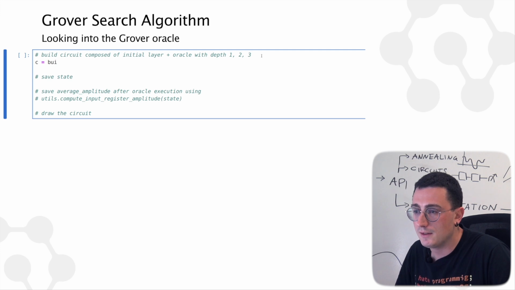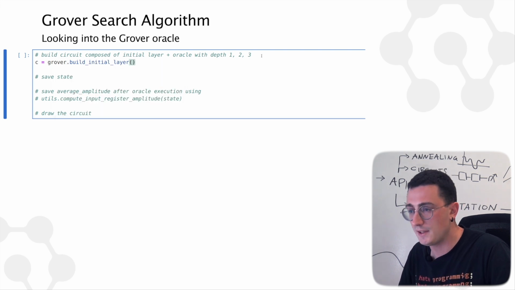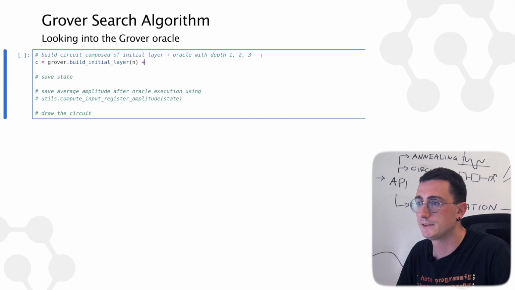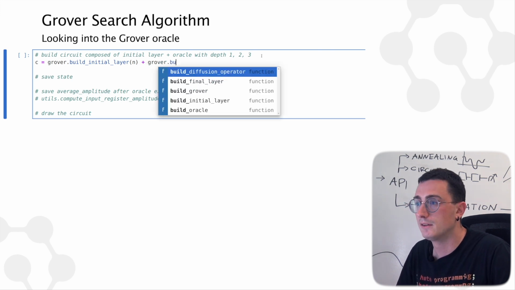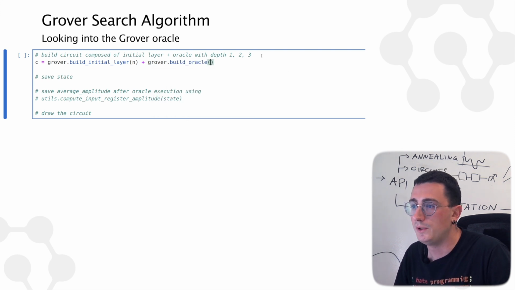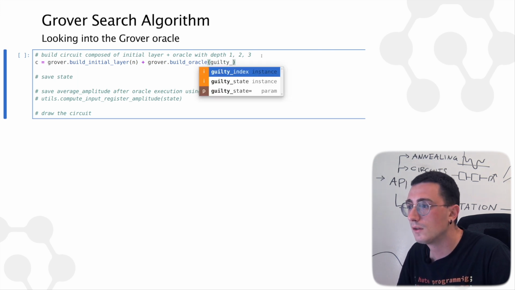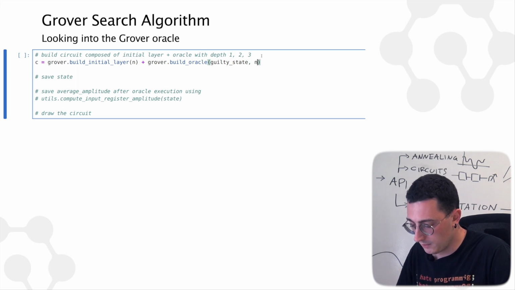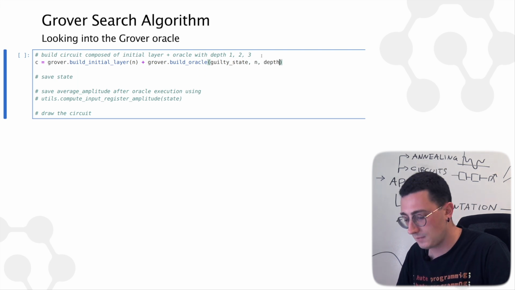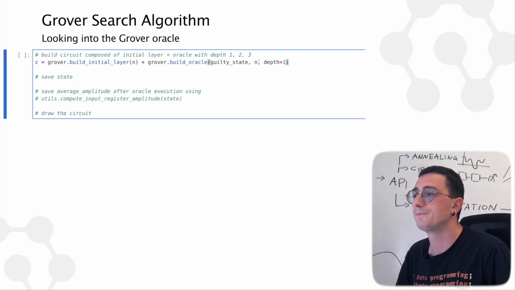We still need the initial layer, so grover.build initial layer, and we set the number of qubits of the input register, plus. Now we call grover.build oracle, and building the oracle, now we need to pass the guilty state, the number of qubits of the input register, and also the depth. We start by setting depth equal to 1.